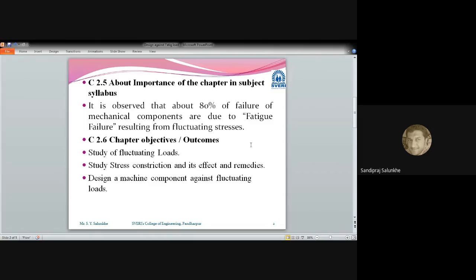Why? Because we are considering the example of a bridge, and bridge design comes under the category of dynamic loading. When we talk about the load passing over a bridge, at a time there may be two trucks or one truck, and a moving truck creates a dynamic type of load.